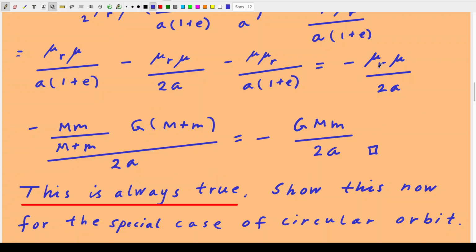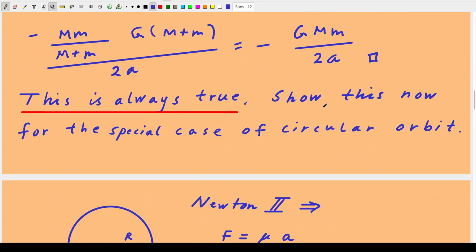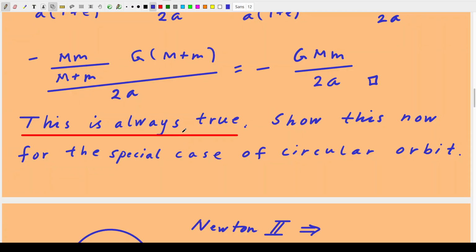And then we just introduce the reduced mass, the definition of that, Mm over the total mass, and μ is just the parameter G times the total mass, and we get the final result, GMm over 2a, which we were supposed to show for any closed orbit. And any closed orbit in a gravitational problem is an elliptic orbit, with a special case of circular orbit. So we have succeeded. This result is always true for a closed orbit, a bound system.